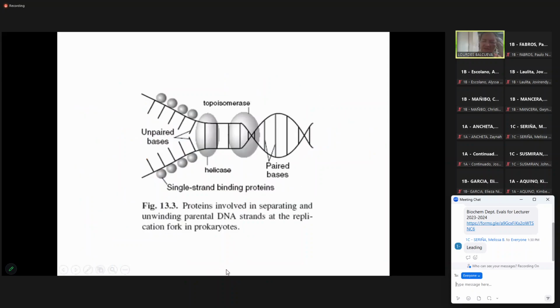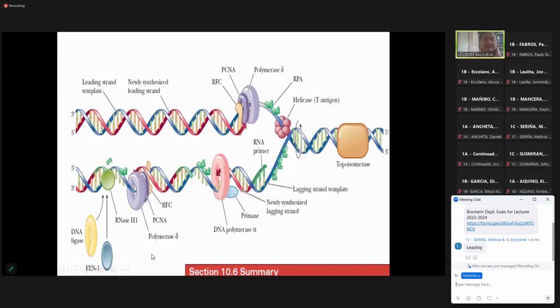So again, the start of replication. Yung start natin, no? It's going there. Pag ganon. Ito naman, pabaliktad, no? So, the first nucleotides that were incorporated in both strands are not DNA, but RNA molecules.